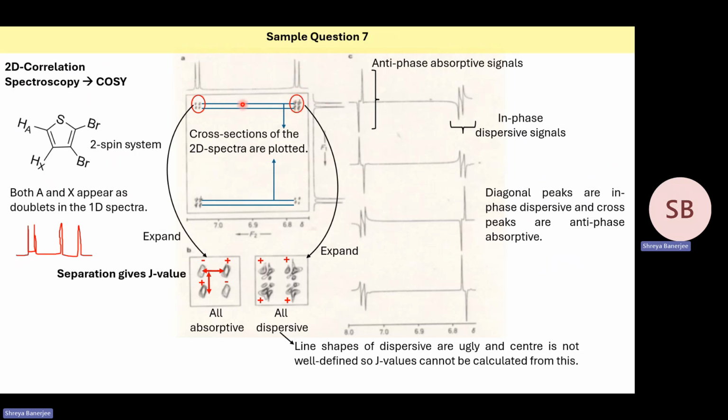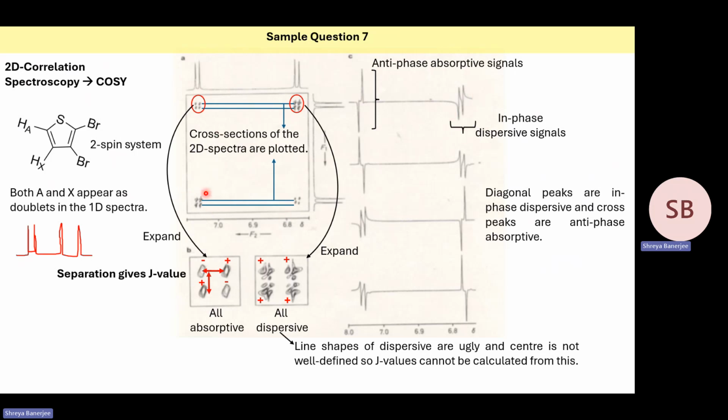And when you looked at the phases of these components, this first peak gives rise to antiphase because they are in the opposite direction, but absorptive components. The second peak, which is a diagonal peak, gives rise to in phase because down up, then again down up. So in phase, and it is a dispersive signal.